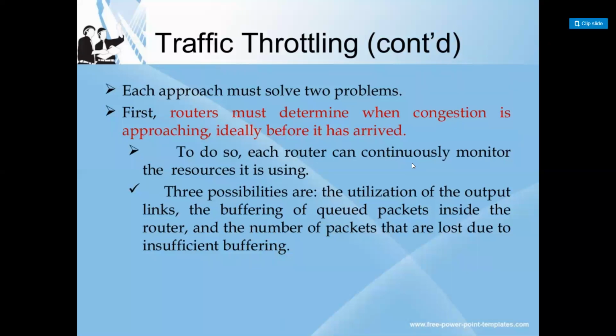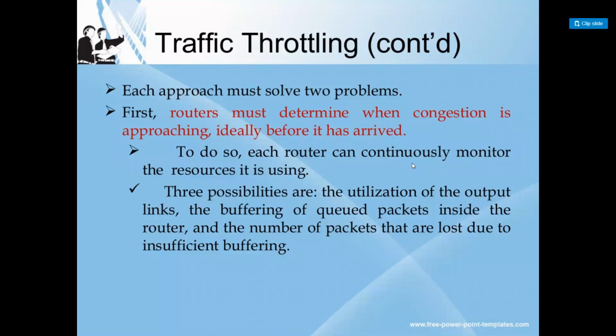The first possibility is the buffering of queued packets. For each router, there will be a queue before entering it. And the number of packets lost because there is no buffer space.